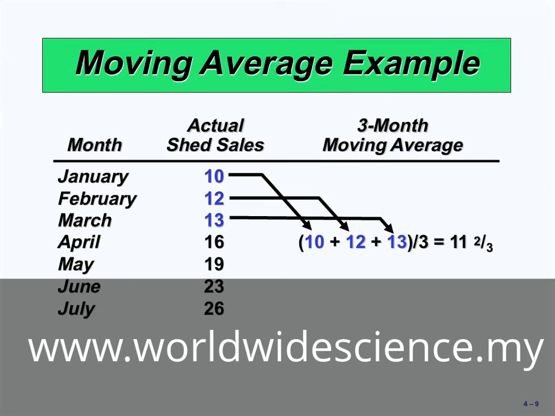It's enough to sum the previous 3 months together and divide by 3. 10 plus 12 plus 13, you should use the average of these 3 months. So this is called the moving average. 10 plus 12 plus 13 divided by 3 is 11 2/3. That is about 12.